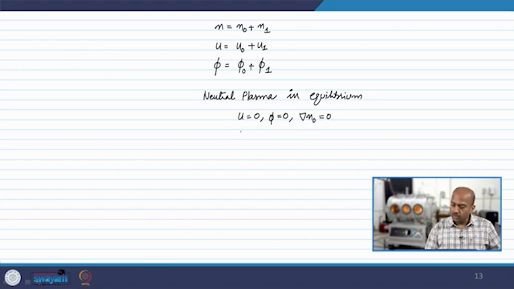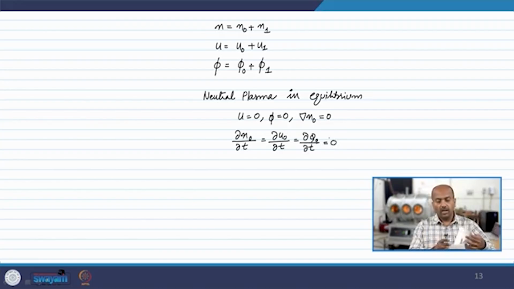And since we are using the linear perturbation theory, we can simply write dou N0 by dou t is equal to dou U0 by dou t is equal to dou phi0 by dou t is equal to 0. All the initial values are constants in time, so we do not have to worry about them when we linearize the equations.